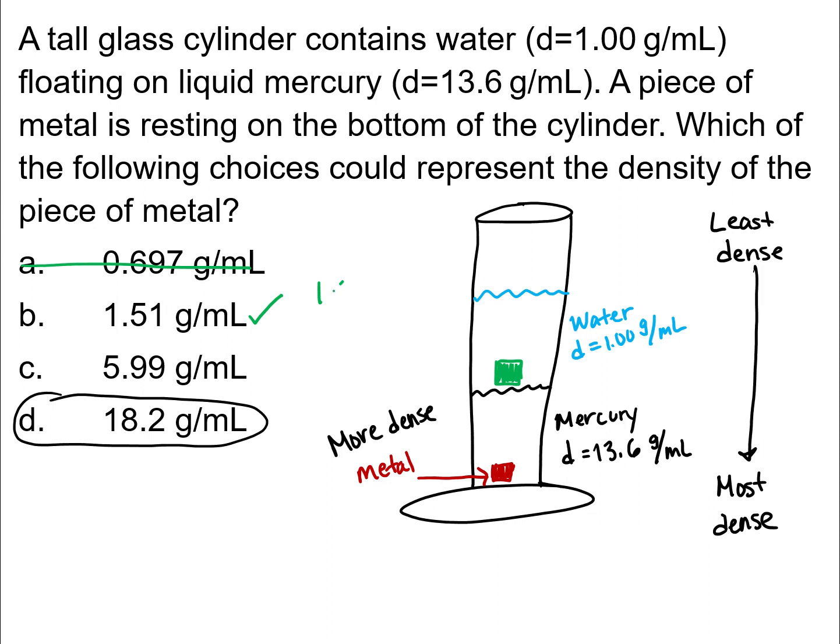So it's got to be somewhere in between 1 and 13.6. So that means that C could also represent the density of that green metal piece. So everybody good on this question? You will see some variant of this question on the exam. Okay.